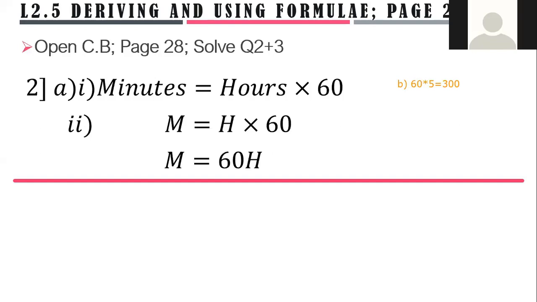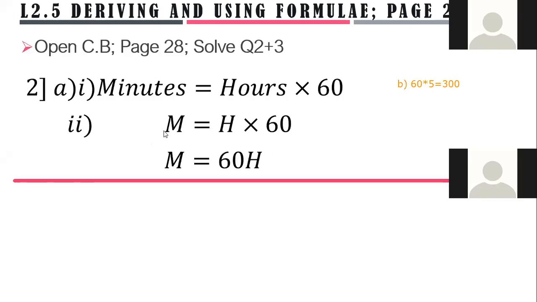Now, Amir, what will you do? Question 3, 3A. Use the formula V equals IR to work out V when I equals 3 and R equals 7.